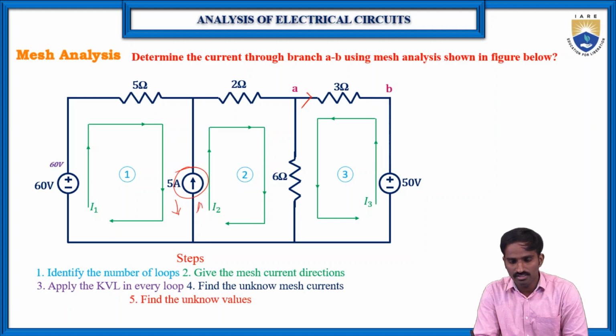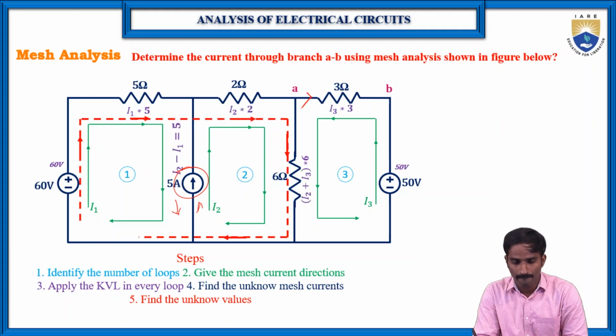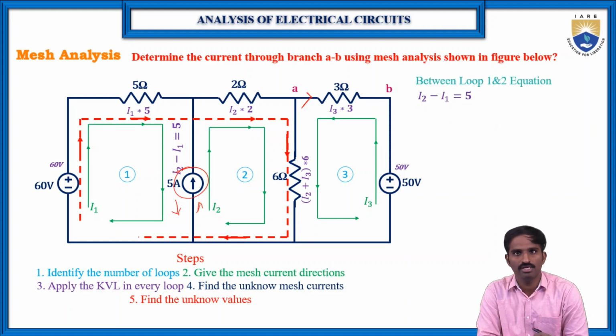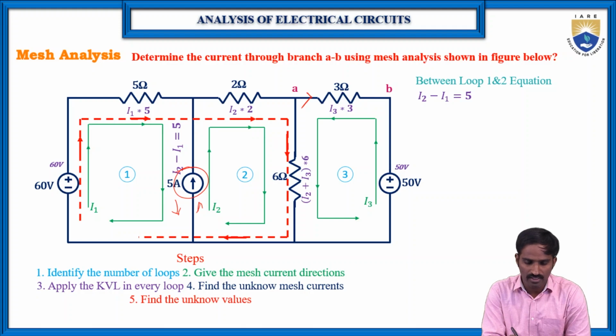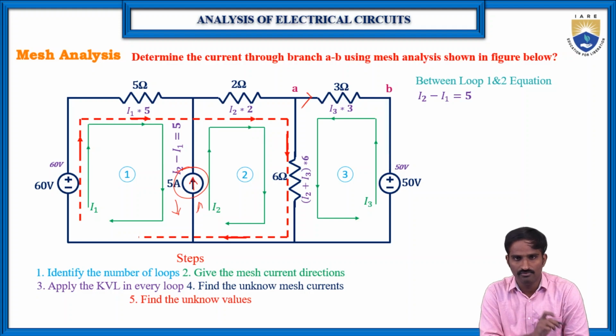So let us write the equation: I2 minus I1 is equal to 5, because the actual direction of the current source is in this way, so we take I2 as the reference, but I1 is in the opposite direction. So I2 minus I1 is equal to 5 amperes is the first equation.